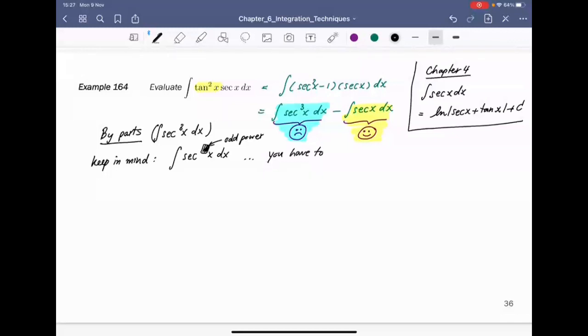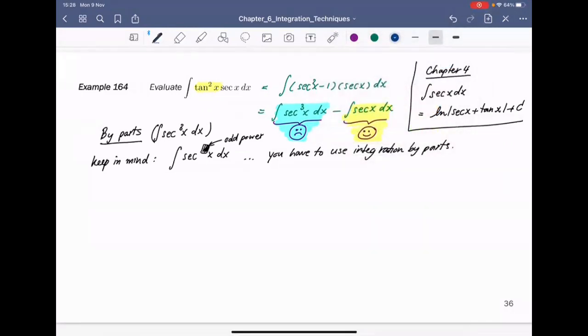No other way you can do it. You have to use integration by parts. Even if you try substitution, if you see integrate sec cube, sec to the 5th power, sec to the 9th power, sec to the 11th power, sec to the 25th power, you have to bypass. You have no other way. You can memorize it. This is just a trick.